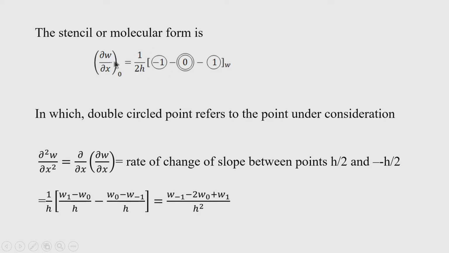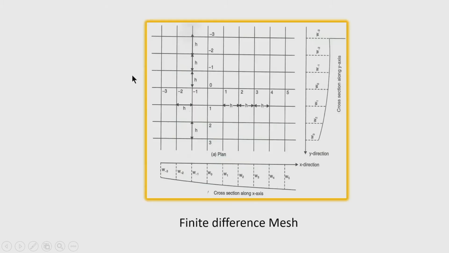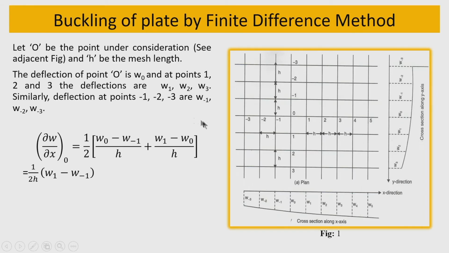So, if you see del W by del x at node O, it can be written like this. At node O we found the slope given by W 1 minus W minus 1, but the value of deflection at node O is absent in this expression.